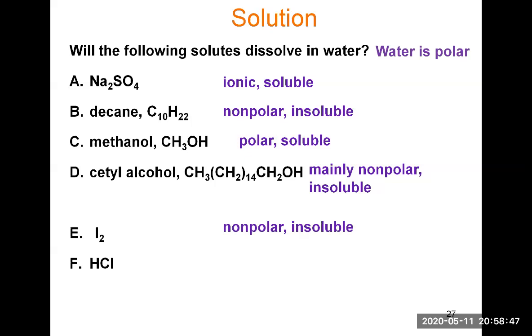And then finally HCl. So this is an acid. And acids, even though they are made of nonmetals only, because hydrogen and chlorine are nonmetals, so they are covalent compounds, behave as if they were ionic compounds.